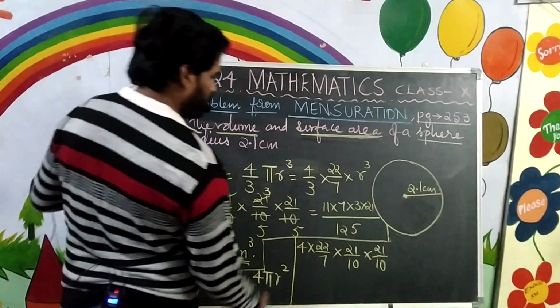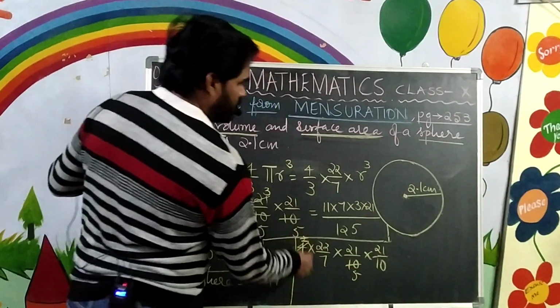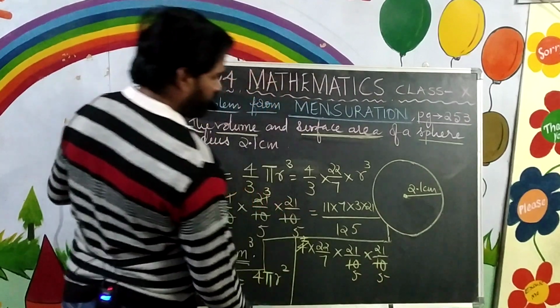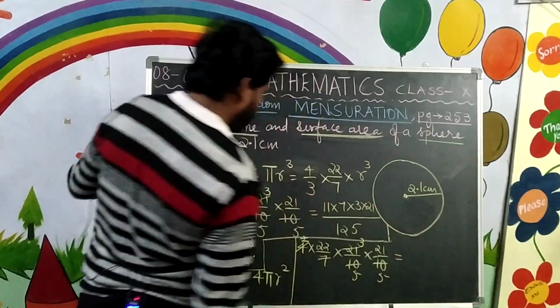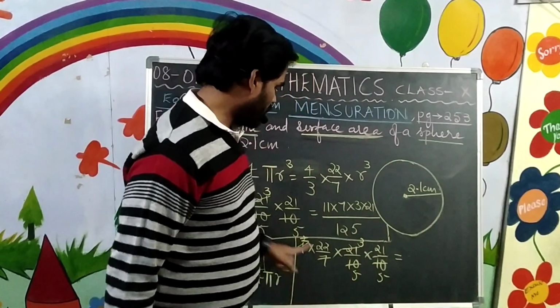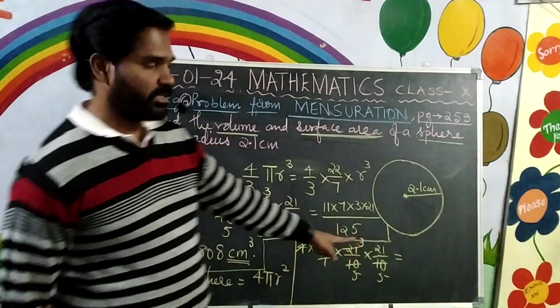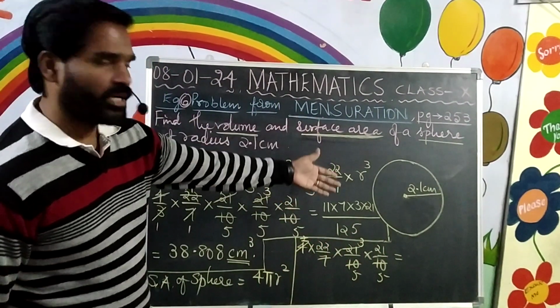Now cancellation time. 2 2s 4, 2 5s 10, 2 1s 2, 2 5s 10. Now 7 1s 7, 7 3s 21. That's all. Why that's all? Because the denominator 5 cannot be cancelled with the numerators above, because in fifth table you don't find 22, you don't find 3, you don't find 21.